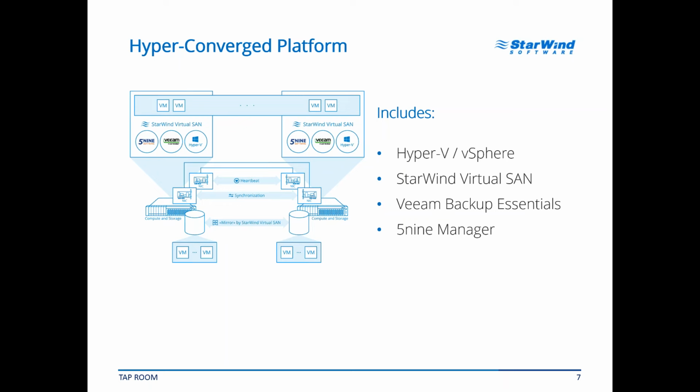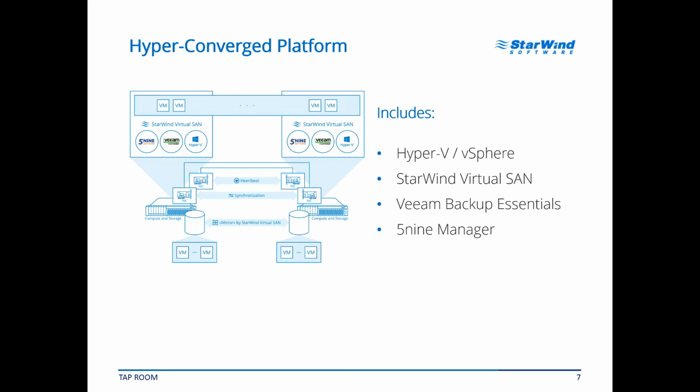Then we've got Veeam working for our backups and granular restores. So if you're looking at RTO and RPO numbers and you care about your data, this is the software to look at when setting up the platform.